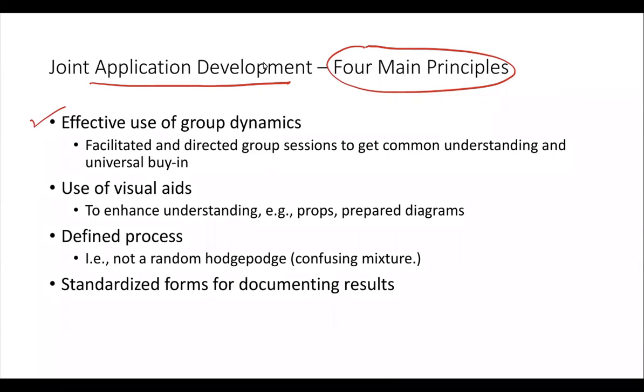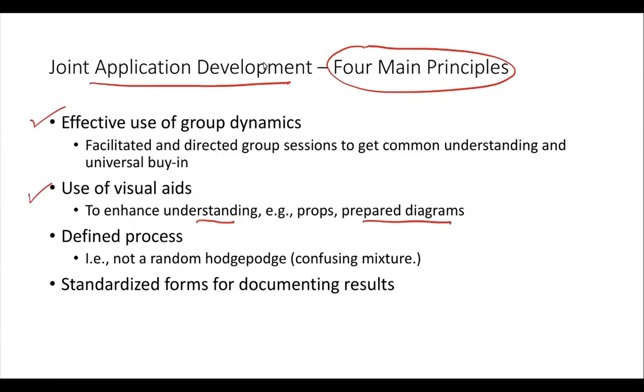Group dynamics are used to facilitate and direct group sessions to get common understanding and universal buy-in. Another principle of JAD is that it always uses visual aids, which enhance understanding, even by preparing diagrams before the sessions.